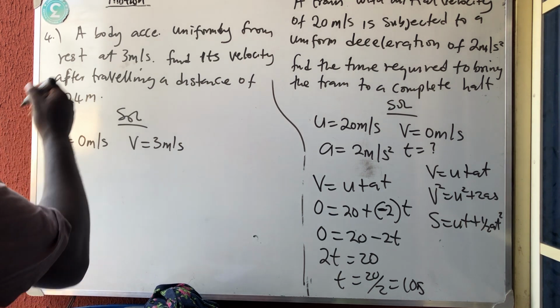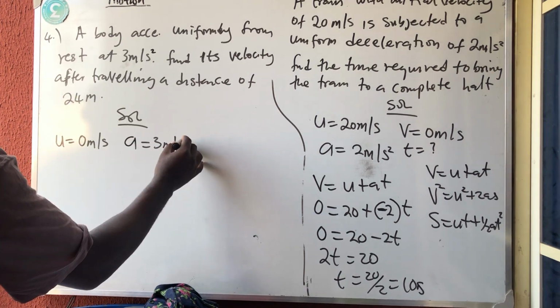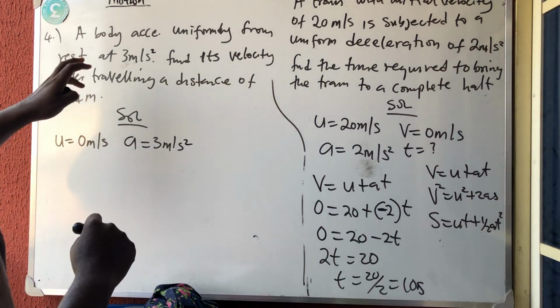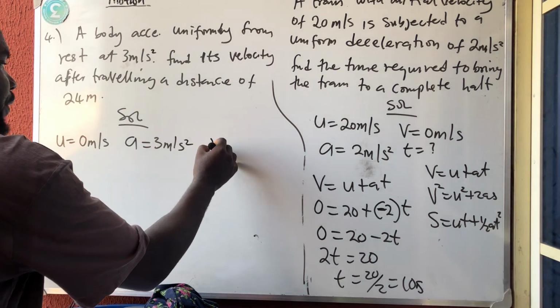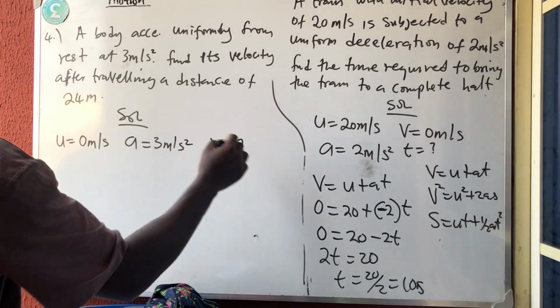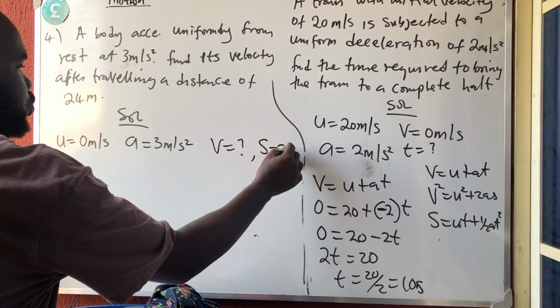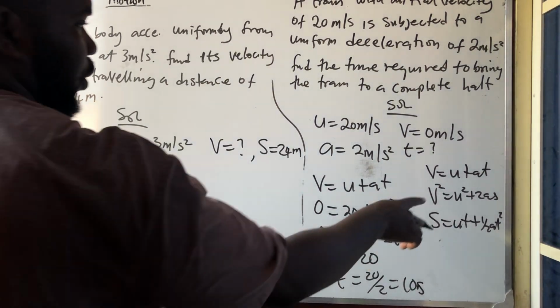Sorry, 3 meter per second square. So this is the acceleration, sorry. So the acceleration there is 3 meter per second square. It's a mistake. It accelerates at 3 meter per second square, but it started from rest. So we need the final velocity. That's what they asked us to find, after covering a distance of 24 meters. So let us check the one that will have all these things.